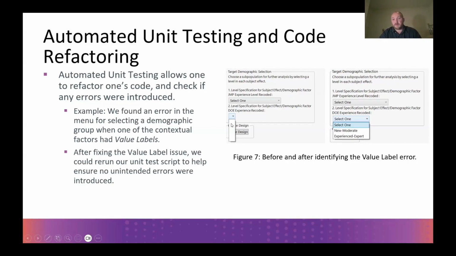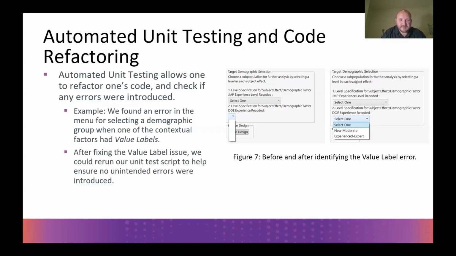It wouldn't display at all, really. And so we went back and fixed that error, but we wanted to make sure that by fixing that error we didn't break something else. So we could do that.